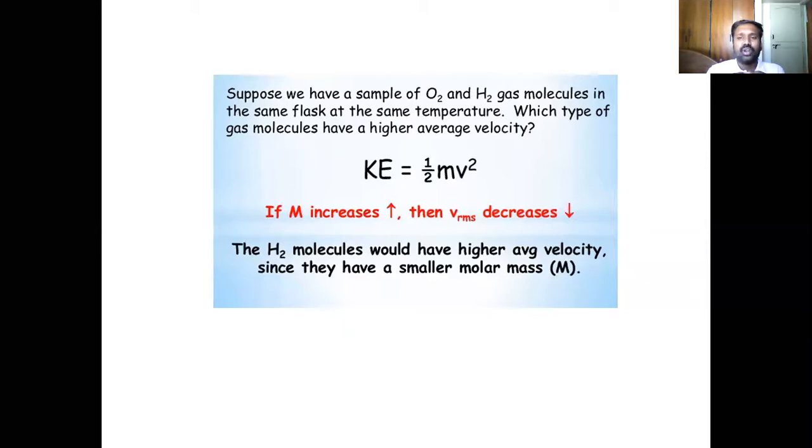Rather, we will think about velocities. So if hydrogen and oxygen are both enclosed in the same flask, which one would we expect to have higher speed? Naturally hydrogen, right? Because of its smaller size, much smaller compared to oxygen. So definitely hydrogen molecules would have a higher average velocity as they move.